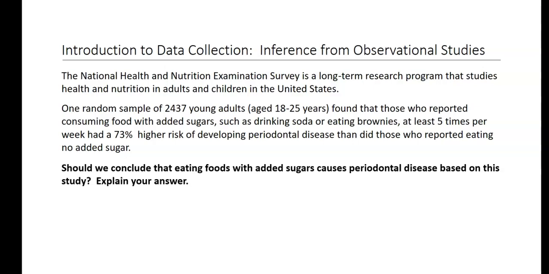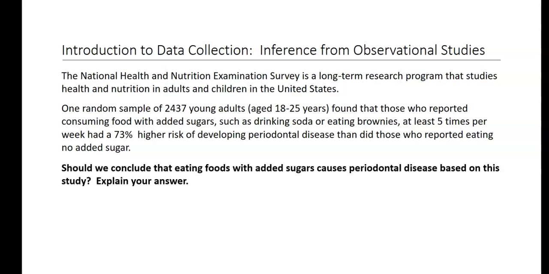Should we conclude that eating foods with added sugar causes periodontal disease? I think the question here is, is this an experiment or an observational study? Those who reported consuming food, so they're not feeding them food or making them drink soda or eat brownies. That would be the best study ever if they just made me eat a lot of brownies, at least 5 times per week.